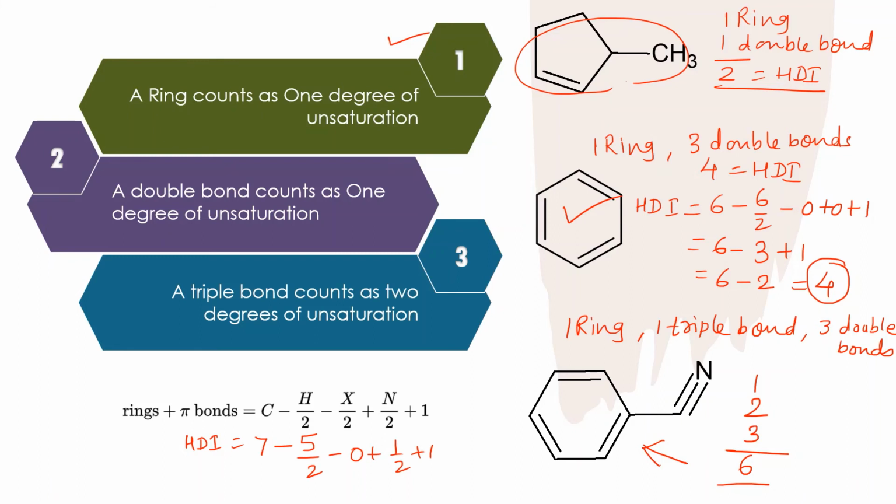So that becomes 7 minus 4 by 2 plus 1, that is 7 minus 2 plus 1, which becomes 7 minus 1 equals 6.